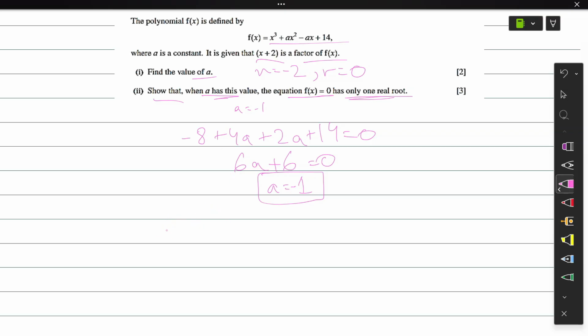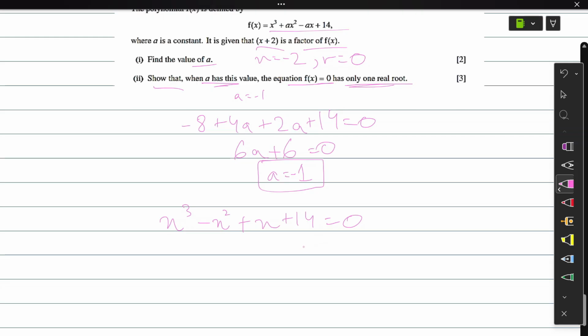How do we do it? That f of x is equal to 0. So x cube plus, no, not plus, minus here. तो ये हो गया माइनस ए की माइनस 1 हो गया तो माइनस एक्स स्क्वायर, माइनस माइनस प्लस हो गया तो ये हो गया x plus 14 equals to 0. ठीक है, now we already know that this whole thing can be taken into two ways, a linear factor and a quadratic factor, right?